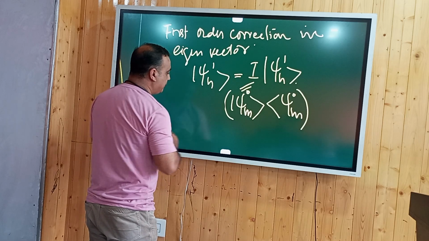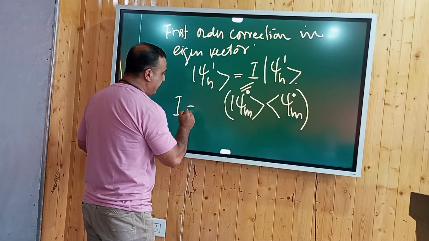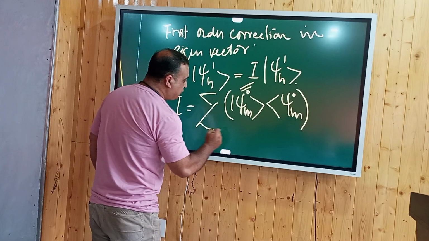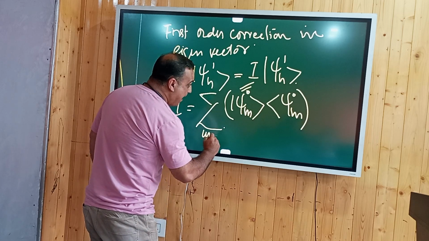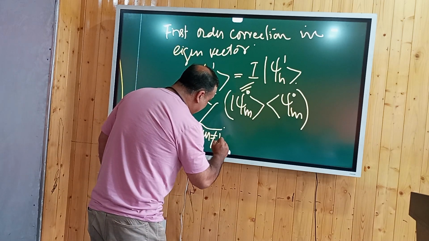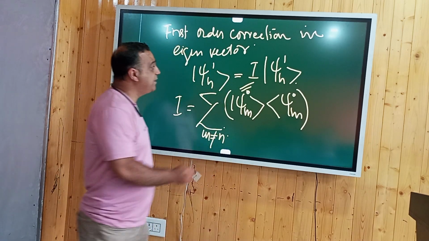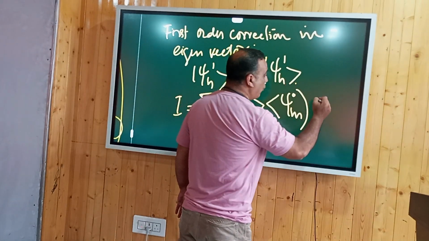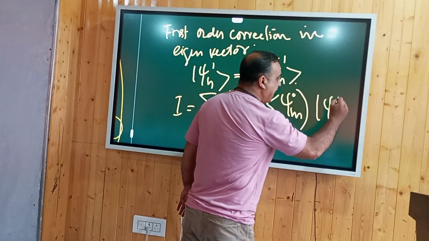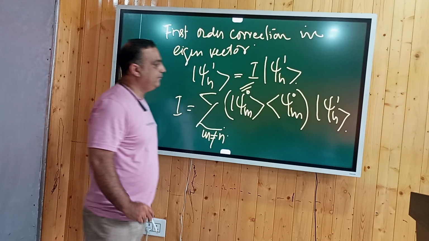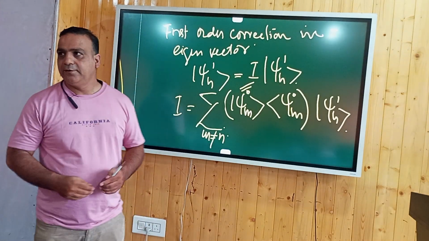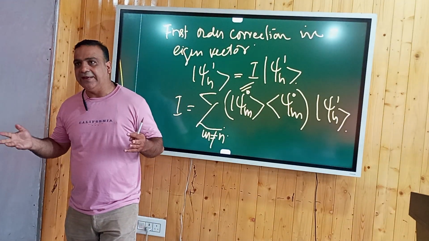I would like to write I here as a summation where m is not equal to n. This is my condition, and then I have my original ψn1. Right? Okay? I'm framing it, okay?